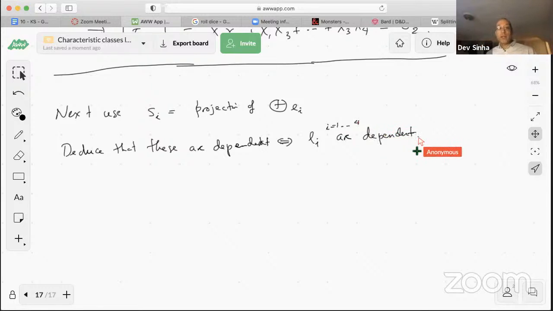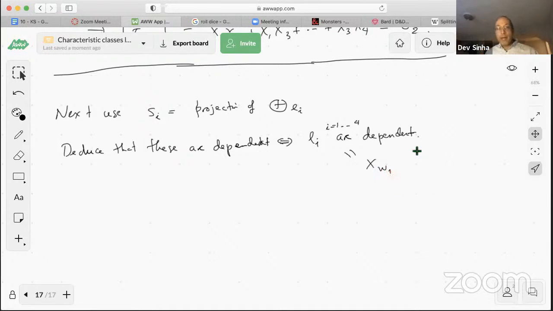So I've got 4 lines in R4. We really don't want to restrict to a smaller projective space now. We want to look at lines in R4, and those are dependent. And that's our x sub W1.